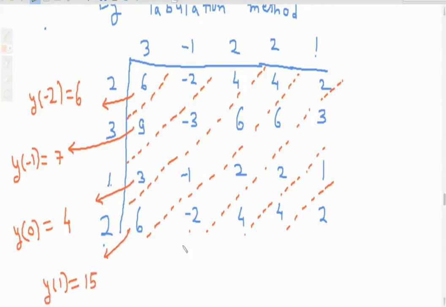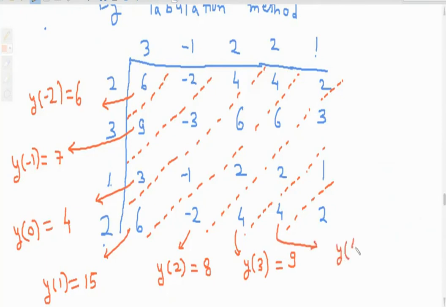Then this value is y of 2. So y of 2 equal to minus 2 plus 2, 0 plus 6 plus 2, 8. So addition results into 8. Then this value is y of 3. Y of 3 equal to 4 plus 2, 6, 6 plus 3, 9. Then this value is y of 4.